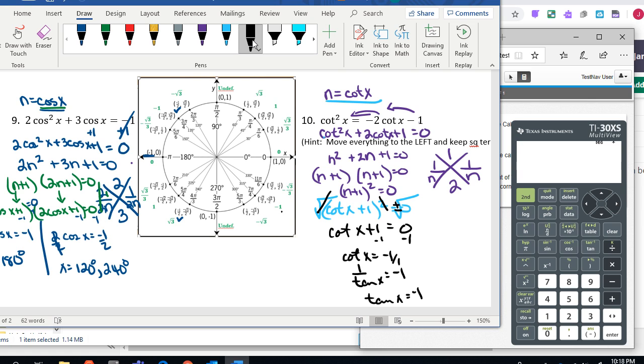Where does tangent x equal negative 1? Here and here. Those are the two places that tangent can be negative, so that makes sense. So the answer is x equals 135 and 315. Looks like we just rearranged those numbers. Great numbers for dyslexic. All right, there's our two answers.